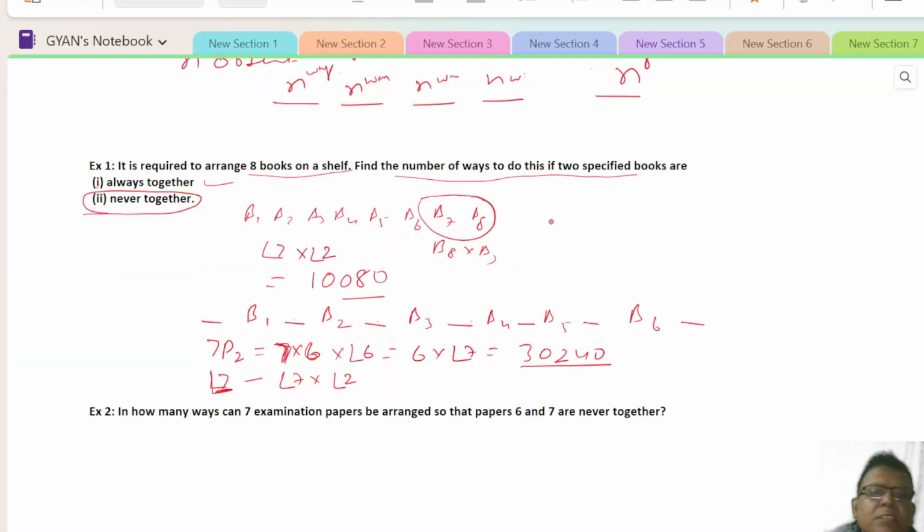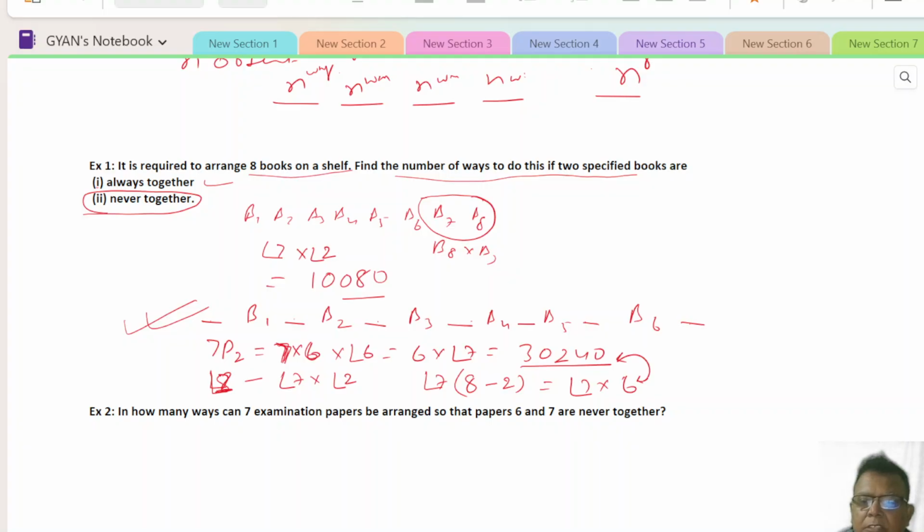Factorial 8 ways, no? See, total how many books are there? 8 books. So that is factorial 8 ways. So you take factorial 7 common, then it will be 8 minus 2. So that is equal to factorial 7 into 6. So same thing. You can think in both ways, but I think this one is much better.